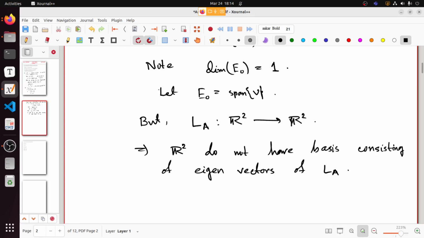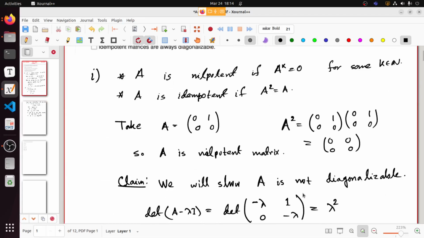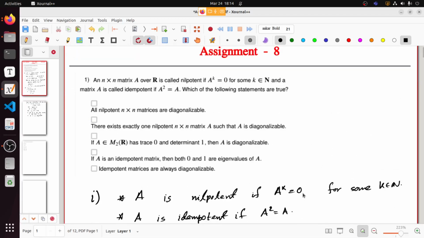But here we see that R2 does not have a basis consisting of eigenvectors of L of A, which implies that L of A is not diagonalizable, meaning the corresponding matrix A is not diagonalizable. So you have seen that this matrix is nilpotent but not diagonalizable. So the first option is false. Not all nilpotent matrices are diagonalizable.